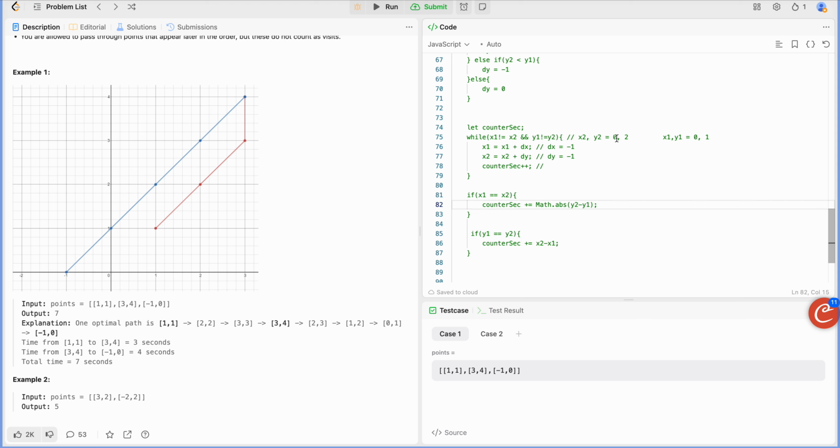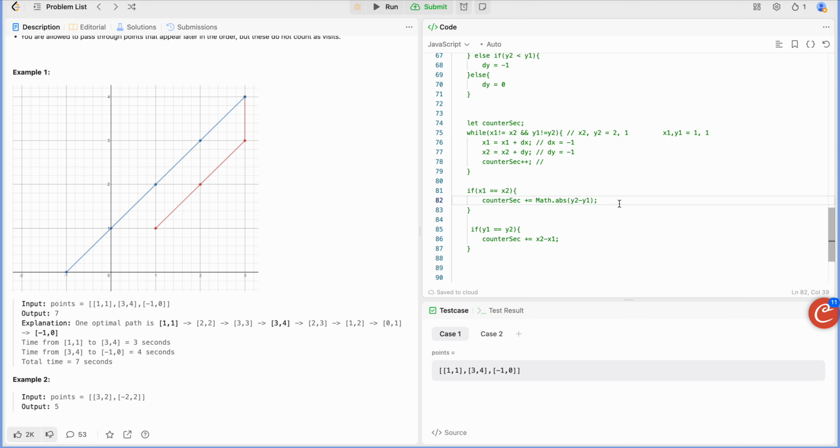But suppose this is the case, then it would be x2 minus x1. Suppose this was the same and this was different, then it would be x2 minus x1.